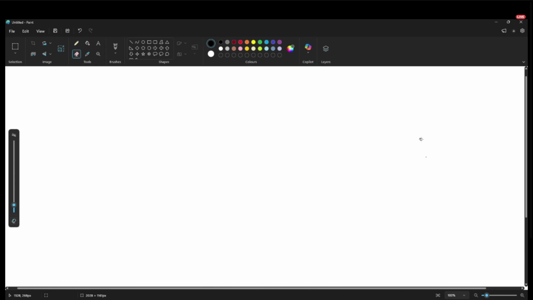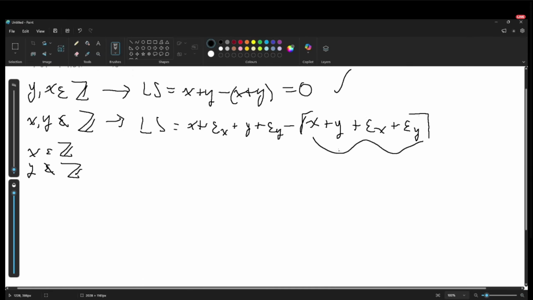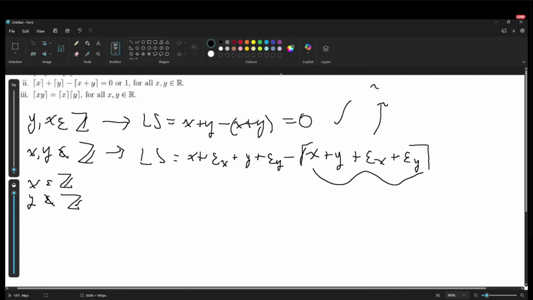The problem with this is that it's actually rounded up. So this could be either x plus y plus epsilon x plus epsilon y, or the same thing with a plus 1 term.